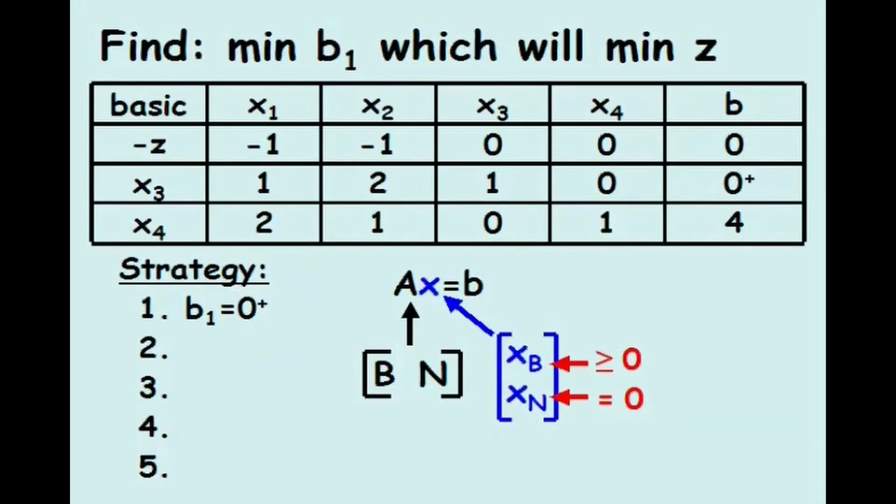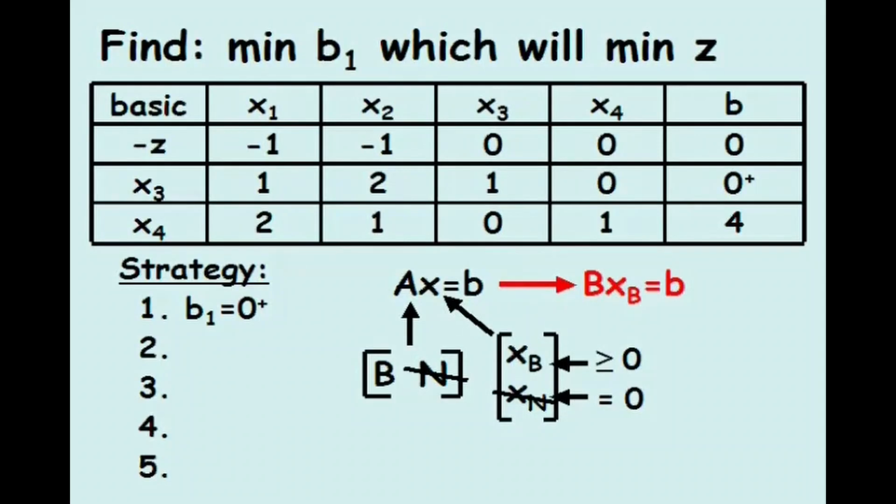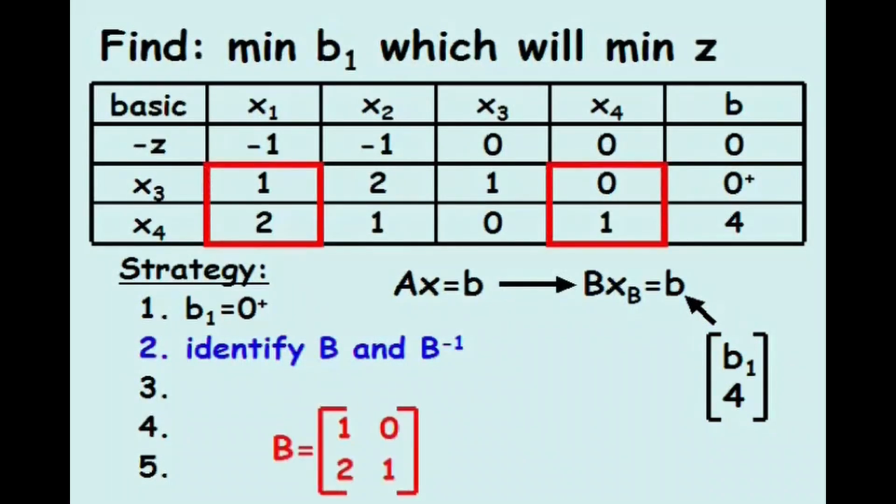Since variables xN equal 0, they can be removed from the equality, and we're left with B xB equals b, where the little b on the right-hand side equals the far right column in the tableau. The second step is to identify B and B inverse. We've already identified matrix B from the tableau, and we can calculate B inverse, which is the adjugate of matrix B divided by the determinant of matrix B.